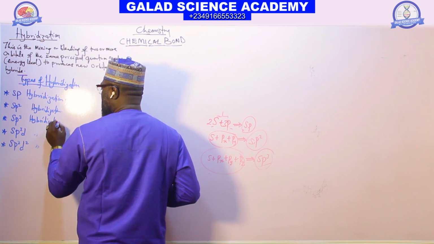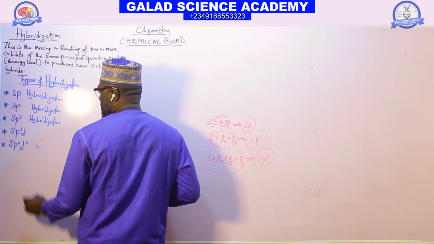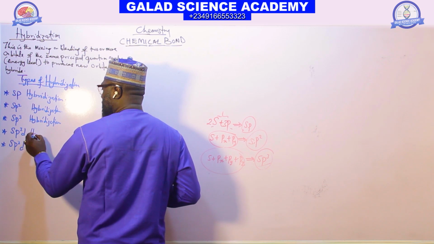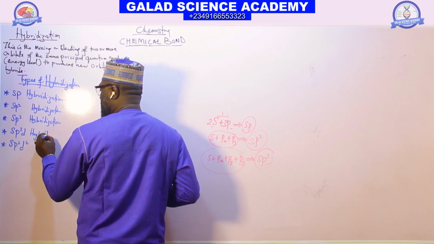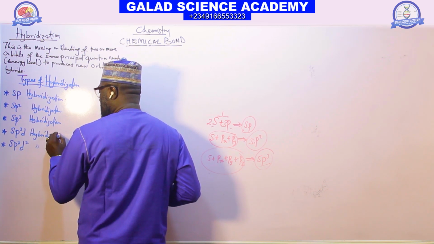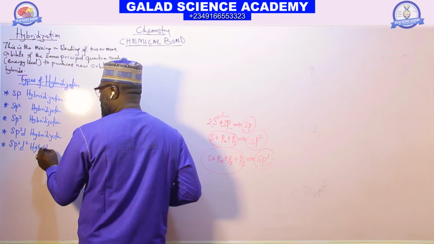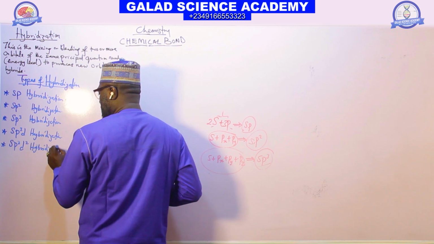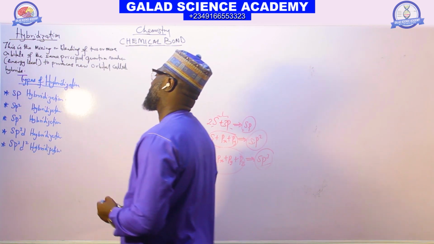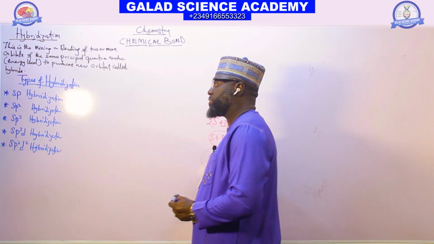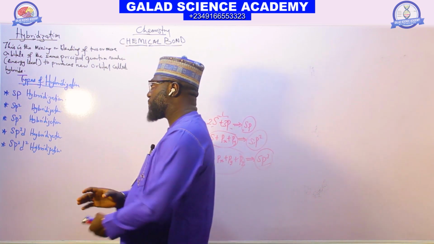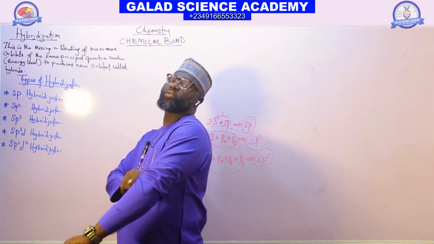So those are the basic five types of hybridization we have.